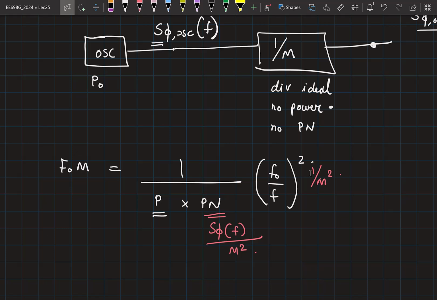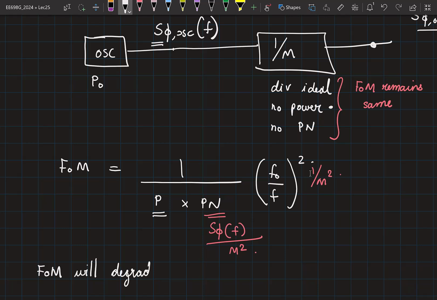Under these conditions, FOM remains the same. Now when you add the divider power and its phase noise, the FOM is going to degrade, which means this solution is not better than the other solutions. That's all we wanted to show. So FOM will degrade if the divider power and Pn are considered.